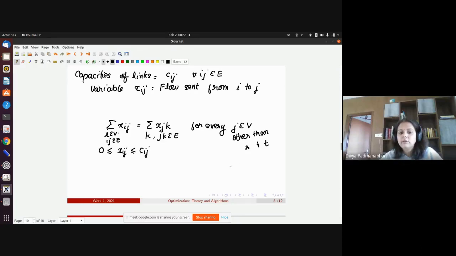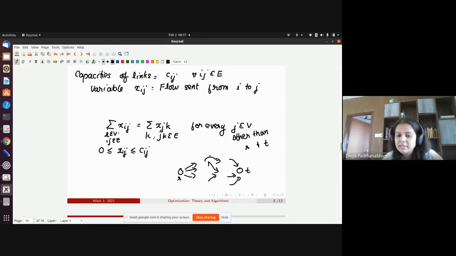Okay. So if not, then let's try to see what we wanted to maximize. You had things coming out from the source, a lot of things, right? And you had the terminal node and you had things coming in. And in between, there was some flow going all about.